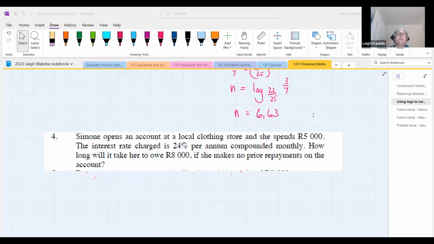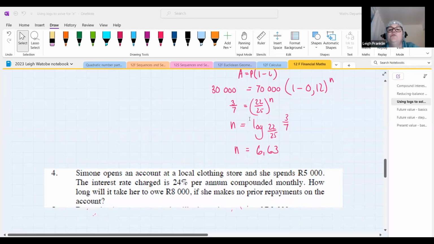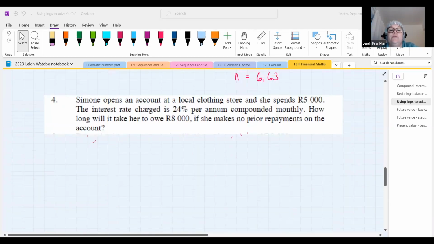They're talking about a clothing store account. This woman spends 5,000 Rand. The interest rate is 24% per annum compounded monthly. How long will it take her to owe 8,000 Rand if she makes no prior repayments on her account? Which formula do you think they want you to use for this question?